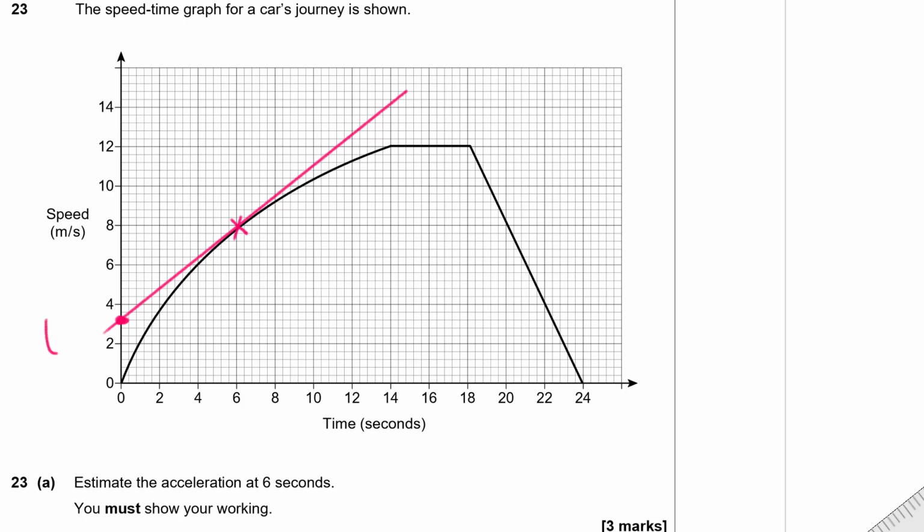So this point, coordinate down here, is (0, 3.2). Let's pick another one further up. Let's pick this point up here at 10. So when t is 10, what's that then again? It's about 3 squares up, so (10, 11.2). Okay, so then we need to work out what the change in y and the change in x are between these 2 points. So let's draw on a triangle.